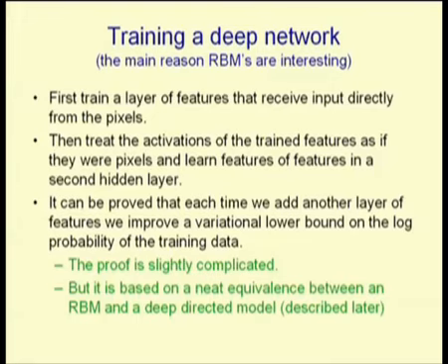So what's going to happen is we're going to have our RBM, and that gives some log prob to the data. We now add another hidden layer. That improves a variational bound, which also actually improves the real log prob. We now add another hidden layer. That improves the variational bound again. And each time we add a layer, unless we've already got a perfect model, we'll be improving the variational bound, provided we add it in the right way.